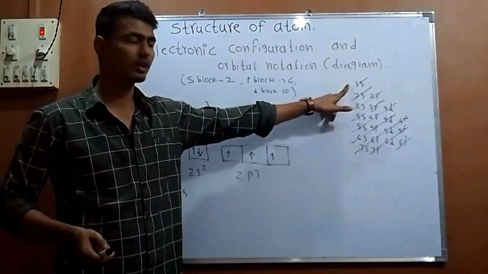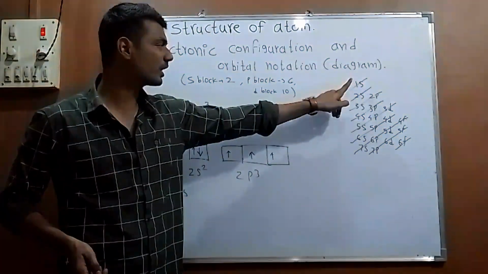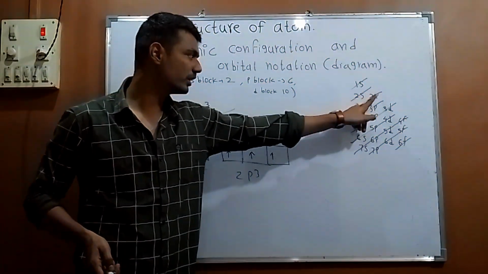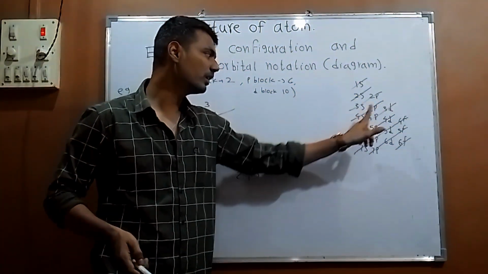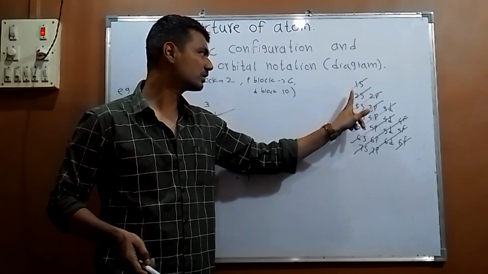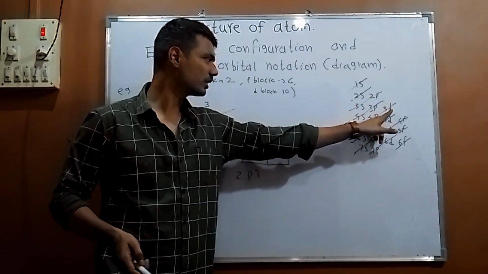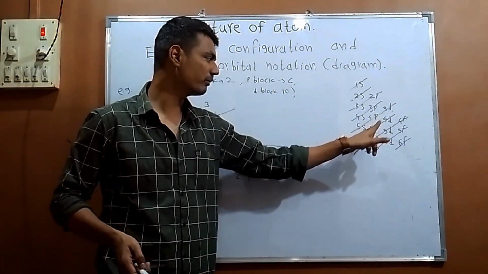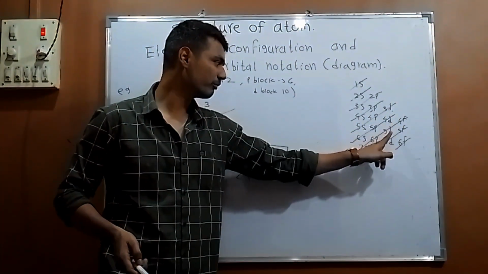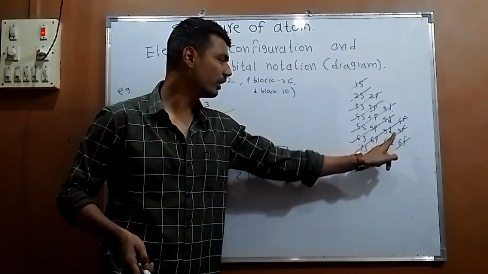This is the sequence for writing the electron configuration. We must write 1s first, then 2s, 2p, 3s, 3p, 4s, 3d, 4p, 5s, 4d, 5p, 6s, 4f, 5d, 6p, 7s, 5f, 6d, 7p.